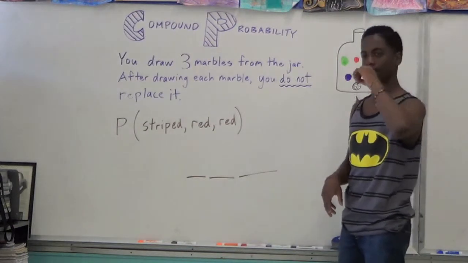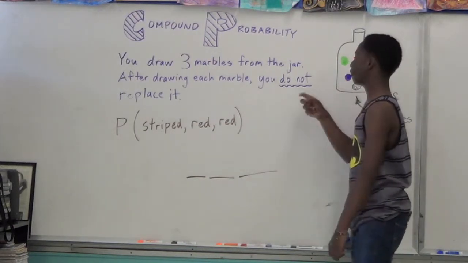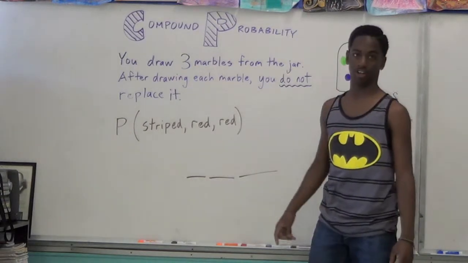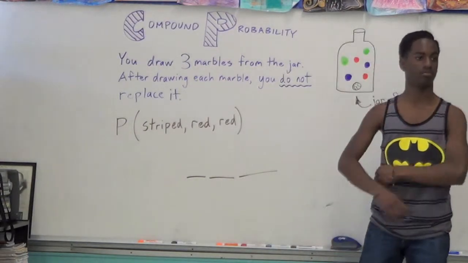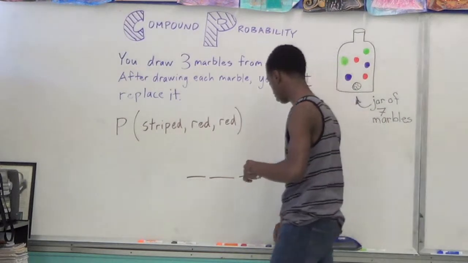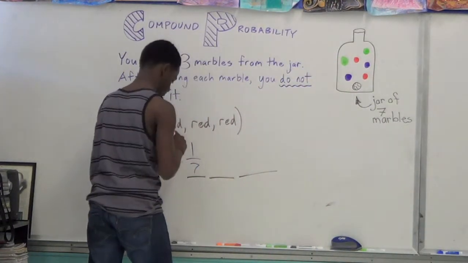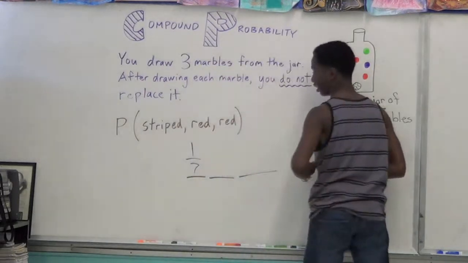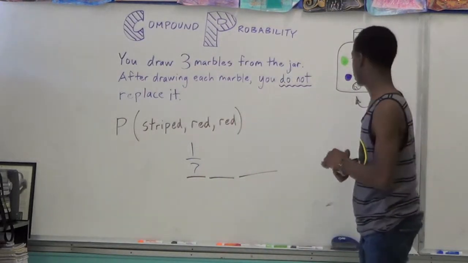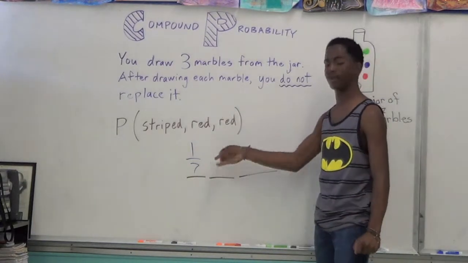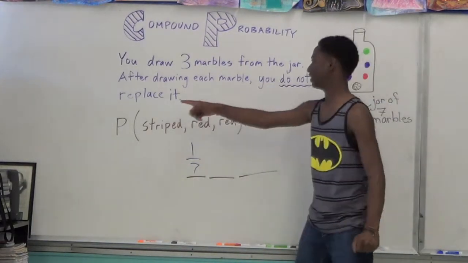So can I ask the class, what's the probability of there being a stripe marble coming out of this jar right now? 1 out of 7. 1 out of 7 is correct. Alright, thank you, Anya, for your help. And then, when we draw the marble, we can't put it back in. It says do not replace it.